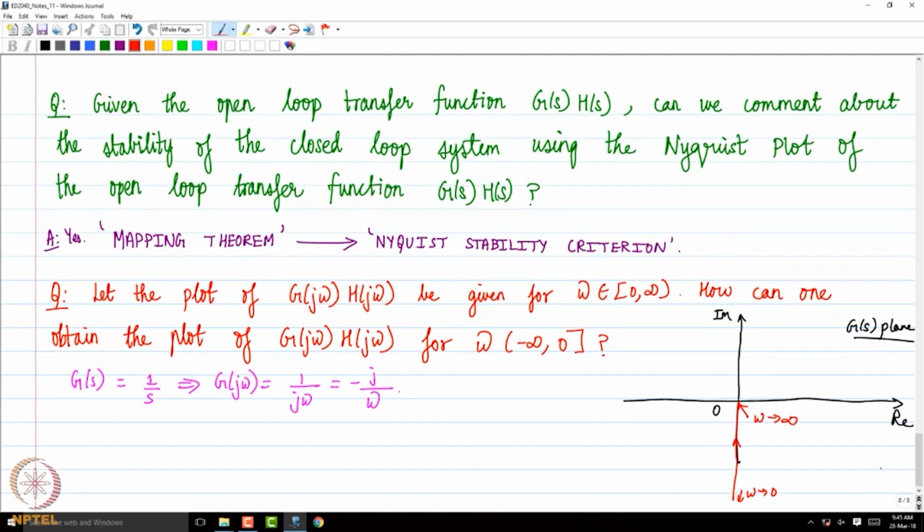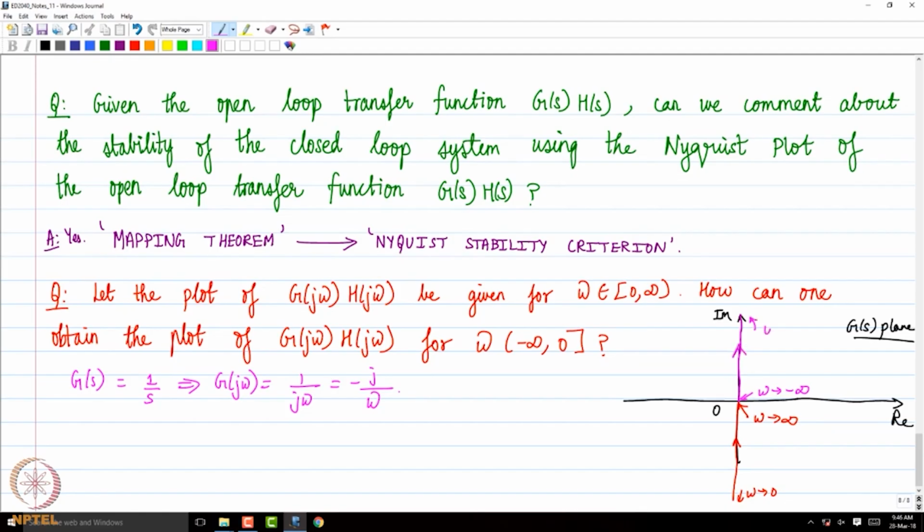When it goes from minus infinity to 0, what do you think will happen? What is the value as it tends to minus infinity? Anyway, it will be 0. And as it goes to 0, it will blow off to plus infinity because it is coming from the negative side. So it will start from this point as omega goes from minus infinity, and then it will go to plus infinity.